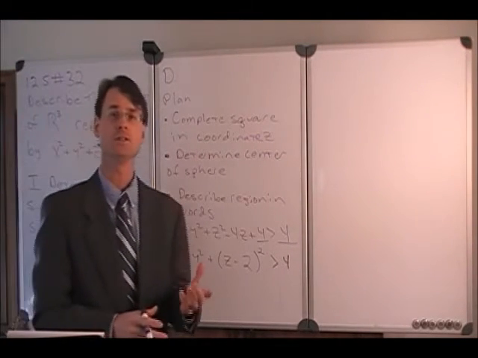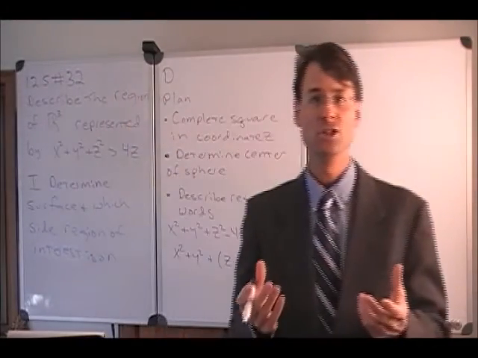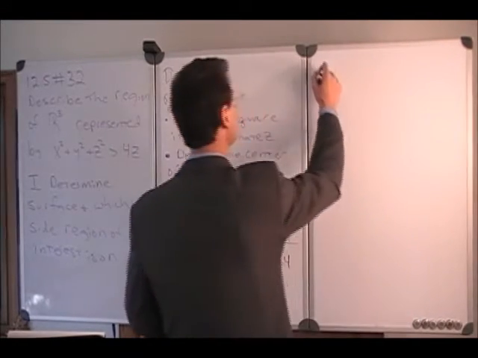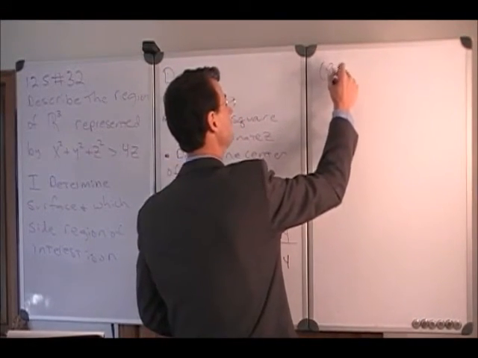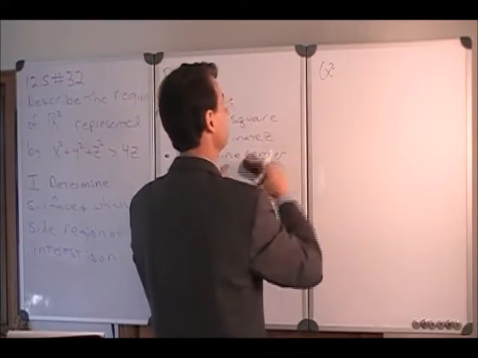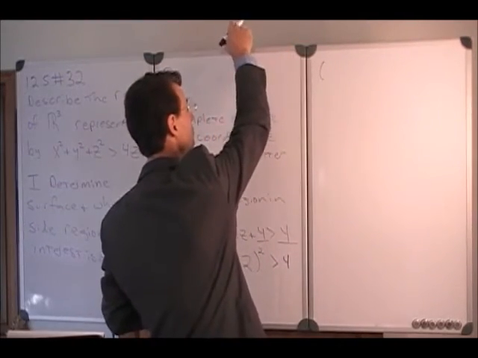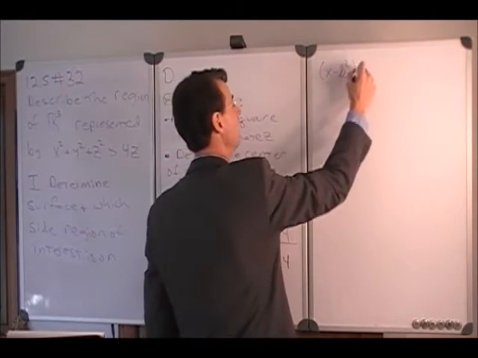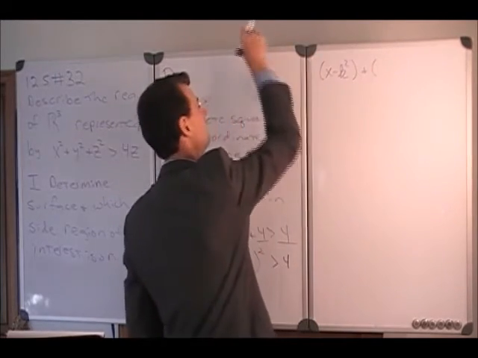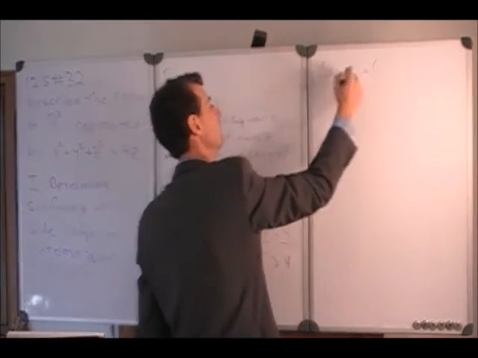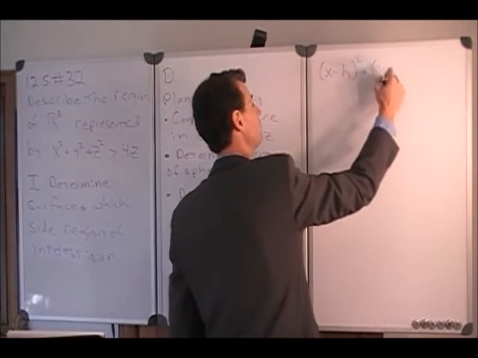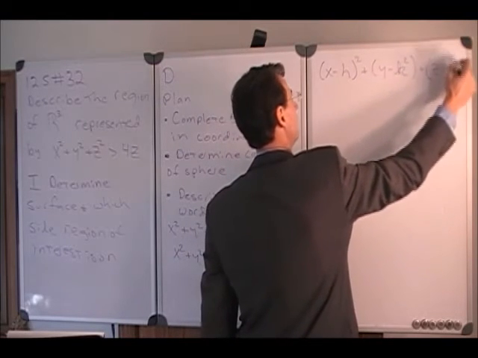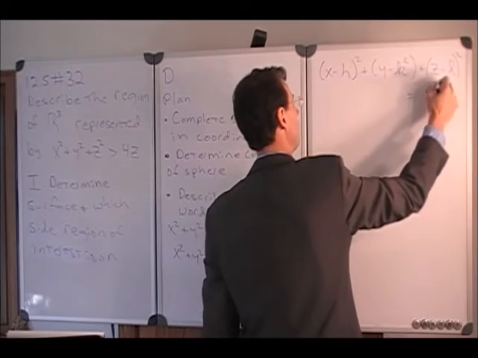Well, let's compare this to the more generic equation of a sphere, right? The more generic equation of a sphere, let's not center it at the origin or necessarily have any of the coordinates equal to 0, is x minus h squared plus y minus k squared plus z minus l squared equals r squared.